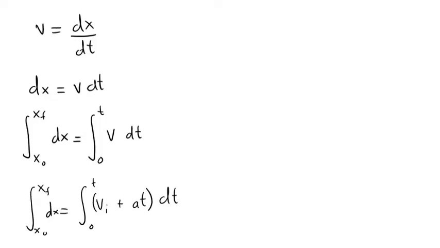Okay. So again, I want you to see the 1 that we have there. On the left-hand side, if we integrate, we just get x with limits from x initial to x final. On the right-hand side, if we integrate v initial with respect to time, we get v initial multiplied by t.